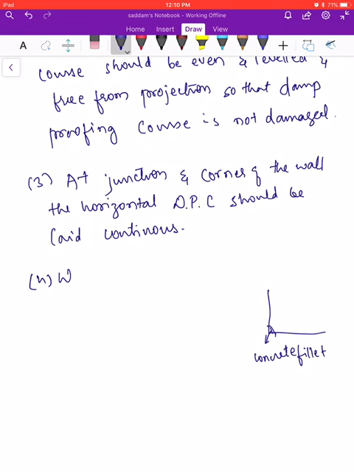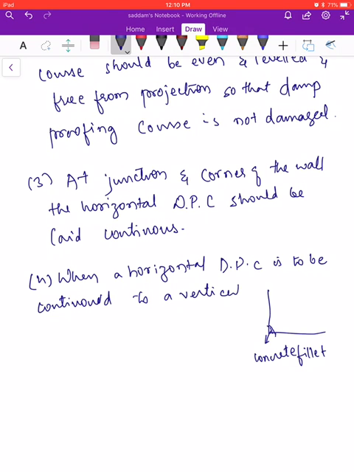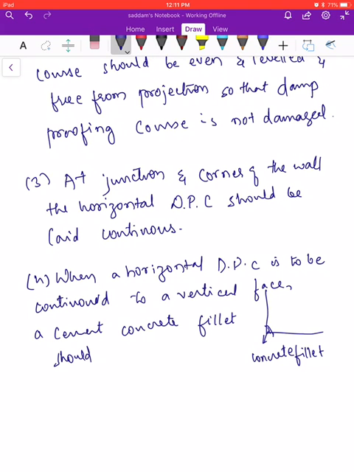So when a horizontal DPC is to be continued to a vertical face, a cement concrete fillet should be applied prior to DPC.